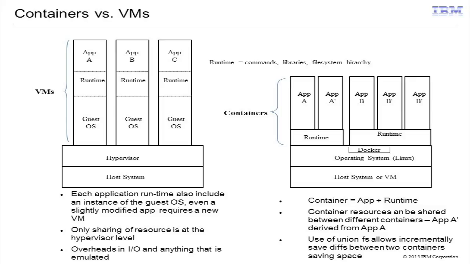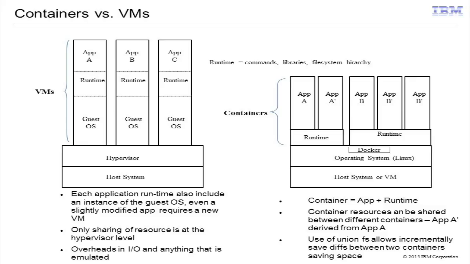Here's another chart that compares containers versus VMs. On the left, virtual machines are fairly heavyweight. You take an individual application in its entire runtime, then a complete copy of the operating system, and then you run that under the control of the hypervisor and the hardware. And as you start to have multiple virtual machines on an individual host system, each of these can be 8 gig, 4 gig in size, and fairly substantially large.